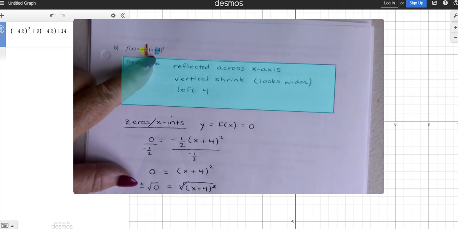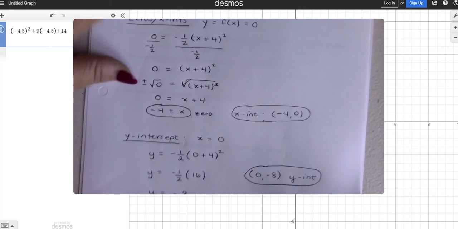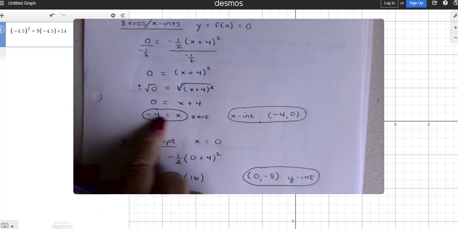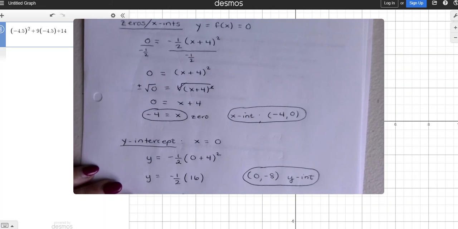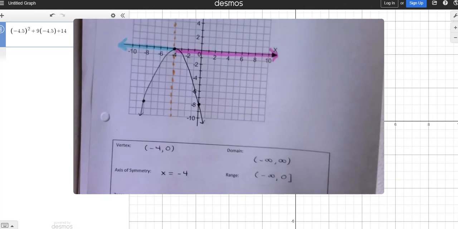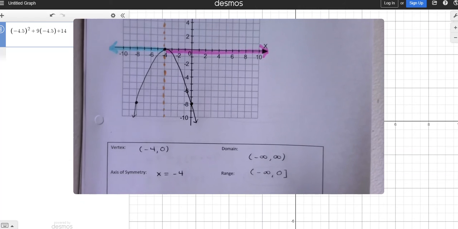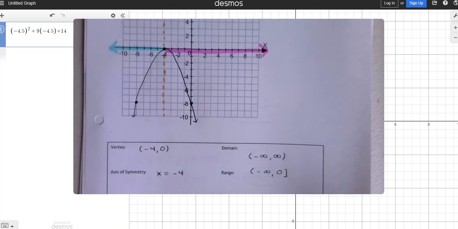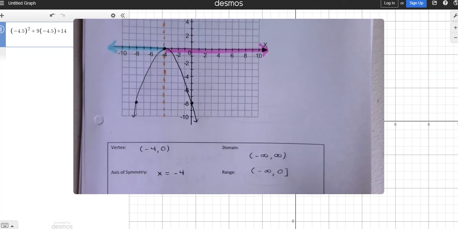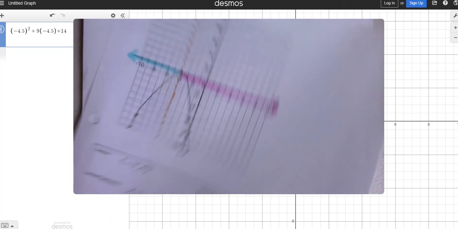When I found my x-intercepts or zeros here, set this equal to 0, I only got one result for the zero and one x-intercept. In fact, when we graphed it, that x-intercept actually was the vertex. And that happens every single time. If there's only one x-intercept, it's because the x-intercept, or the zero, is right there at the vertex.